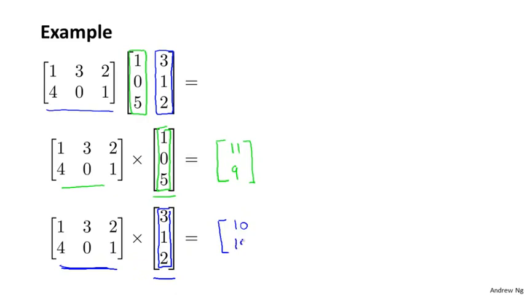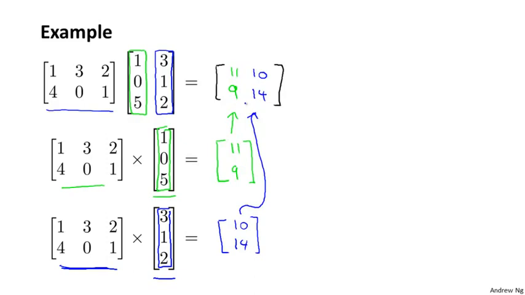By the way, if you want to practice your matrix-vector multiplication, feel free to pause the video and check this product yourself. Then I'm just going to take these two results and put them together, and that'll be my answer. The outcome of this product is going to be a 2 by 2 matrix, and I fill it in by taking my elements 11, 9 and plugging them here, and taking 10, 14 and plugging them into the second column.